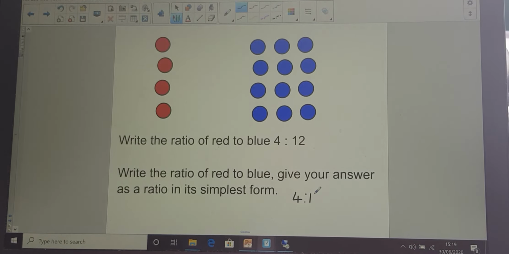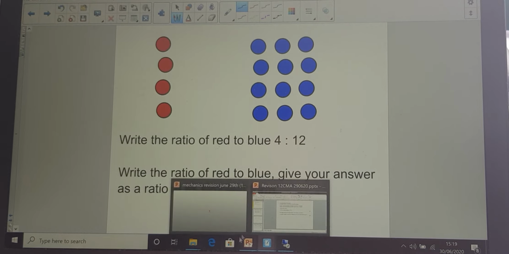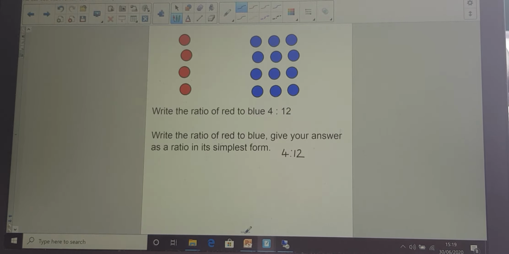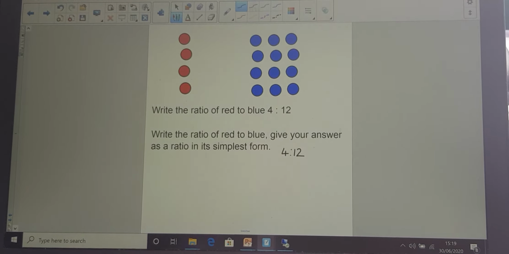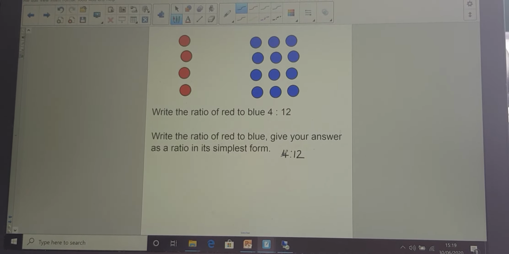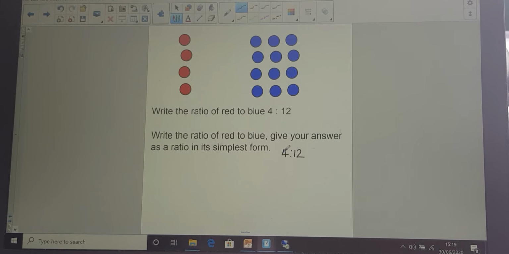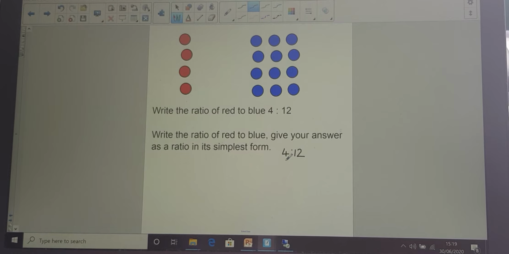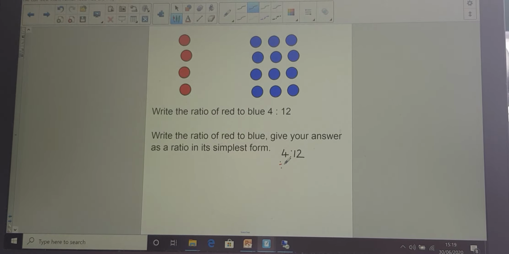But because they have common factors, and this is why this is such an important topic, I'd look for the highest common factor of those two things. So what's the biggest number that goes into both 4 and 12 without a remainder? That would be 4. So if I divide that side by 4 and that side by 4, that will give me it in its simplest form. So 1 to 3.